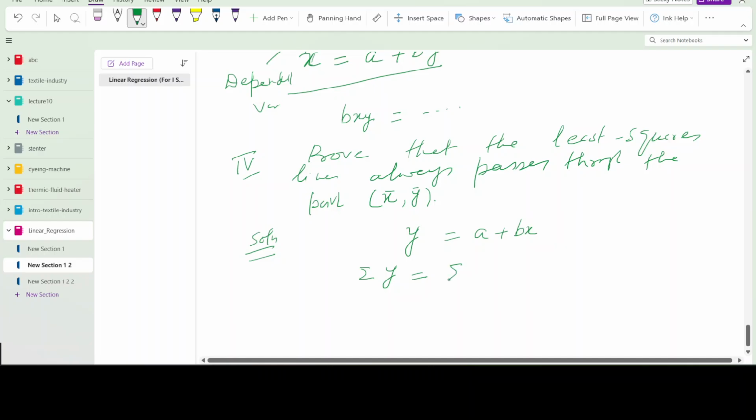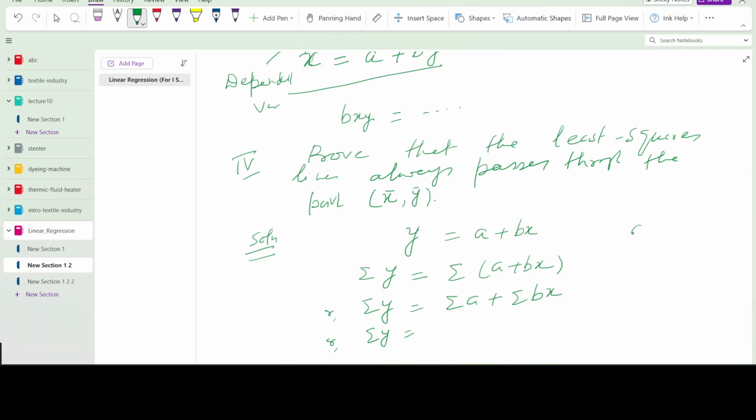Sigma y is equal to sigma a plus bx, or sigma y is equal to sigma a plus sigma bx. Further write sigma y is equal to, here a will be written n times, a plus a plus a, so it will be na. B is constant, so it will be out of sigma.